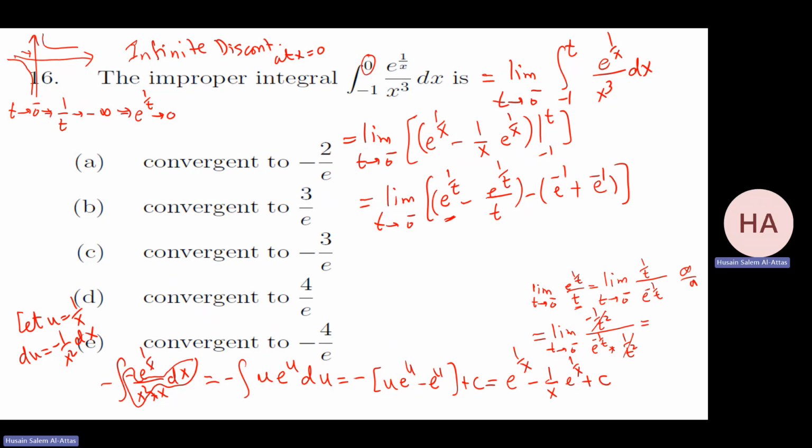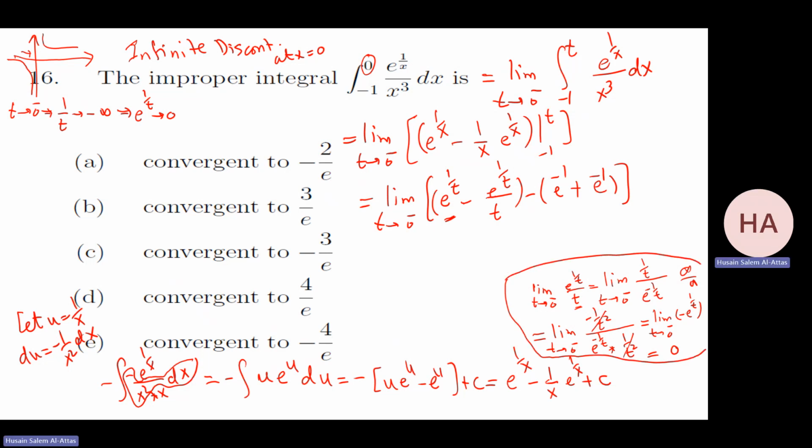And I'm getting minus e to the power 1 over t, and as t goes to 0 from the left, 1 over t goes to minus infinity, so that will be 0.